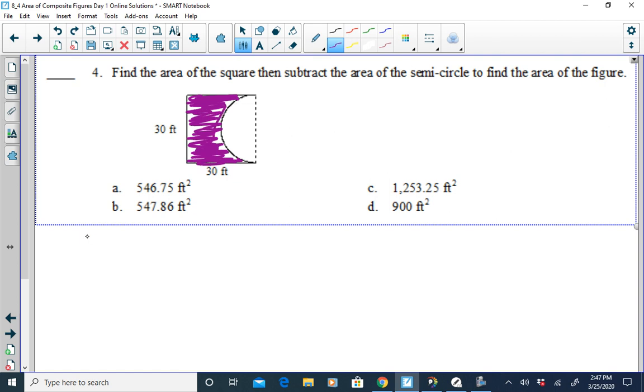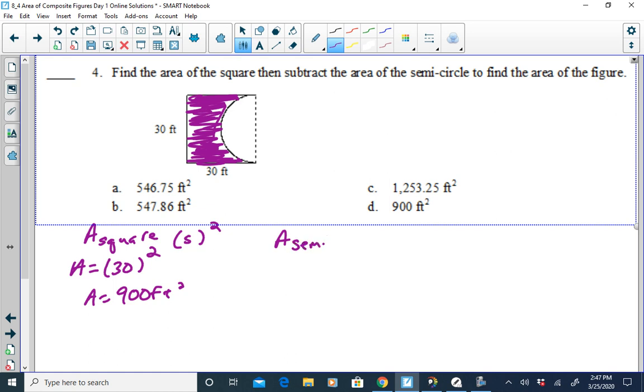So let's do that first. The area of the square is going to be equal to the length of the side squared. So that's going to be 30 squared, and 30 squared is equal to 900. Those are square feet.